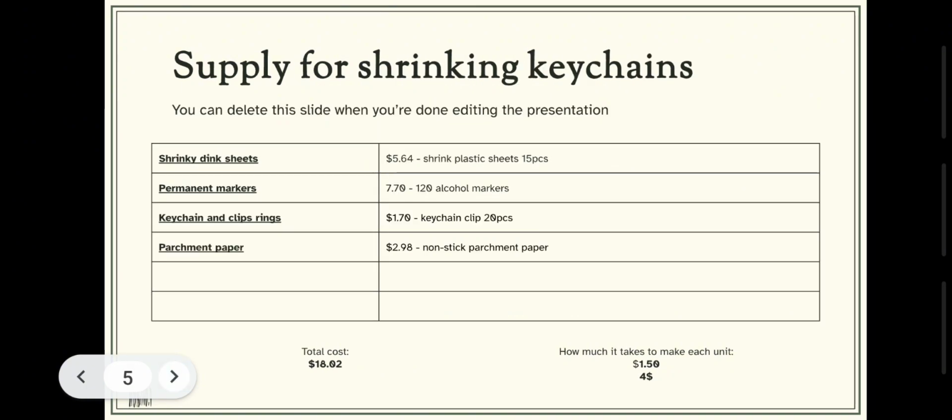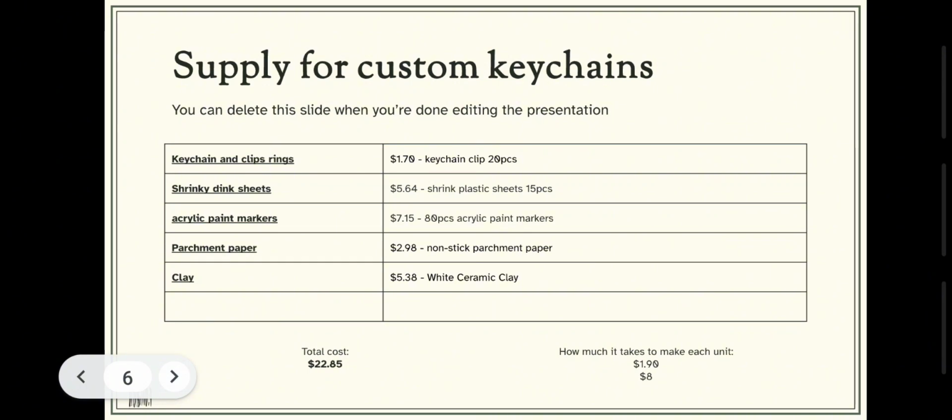And for the supply of shrieky keychains, it totals at $18.02, and it costs $1.50 to make each unit. And I also decided to price it at $4, because you're also making it by hand, and it's pretty close to $2.